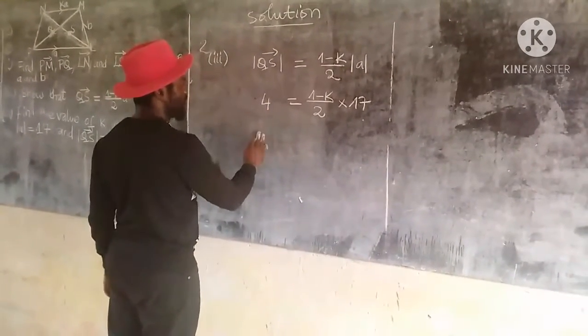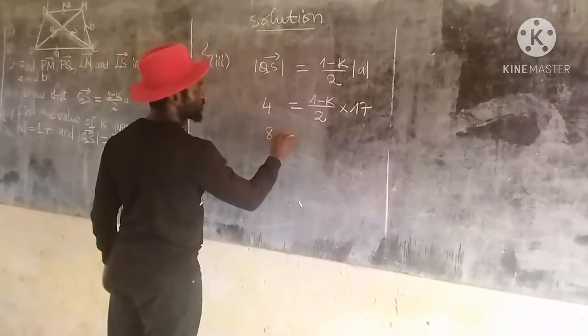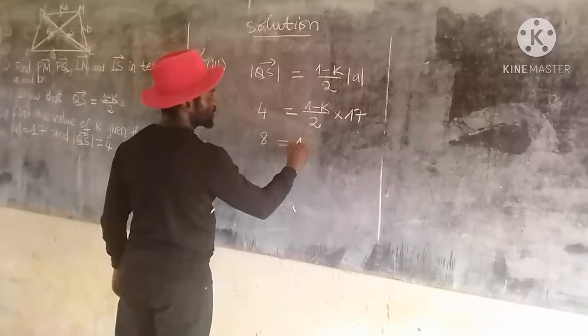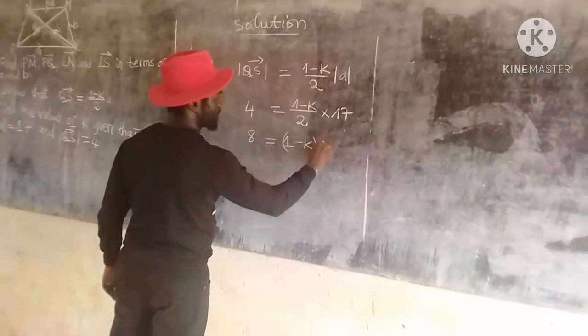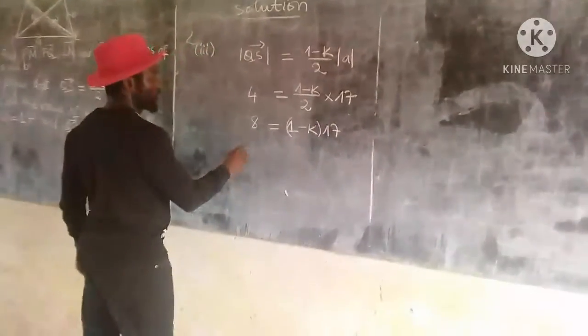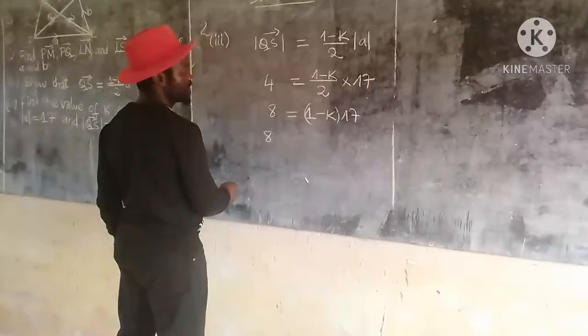We can cross multiply: 4 times 2, we have 8 equal to (1 minus K), all multiplied by 17. Divide both sides of the equation by 17.